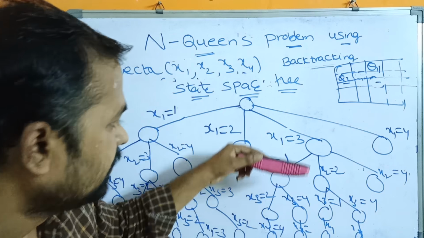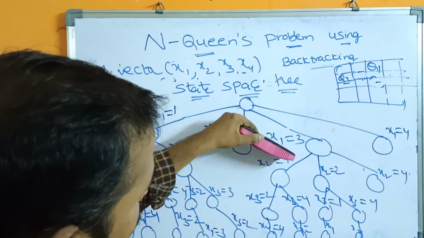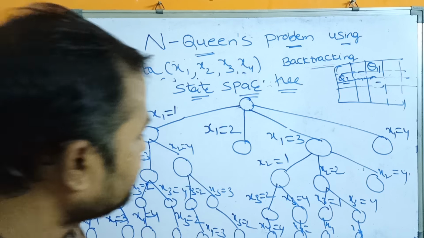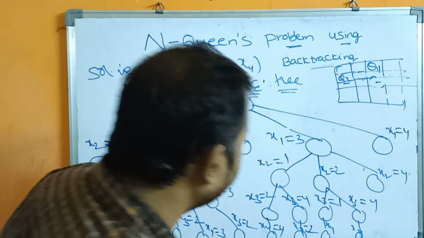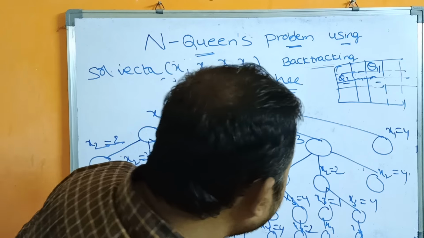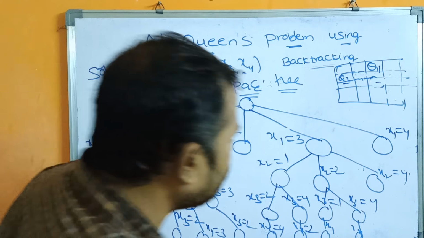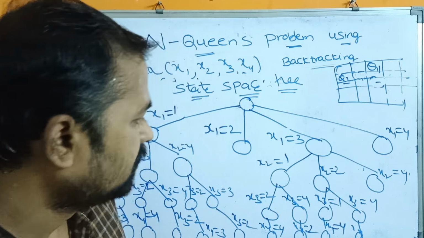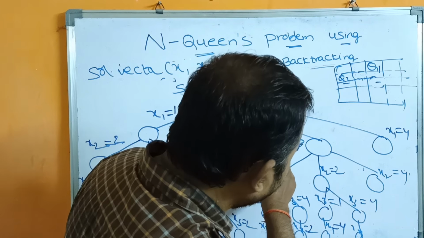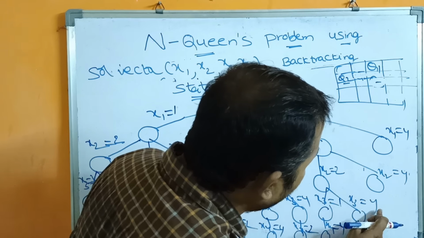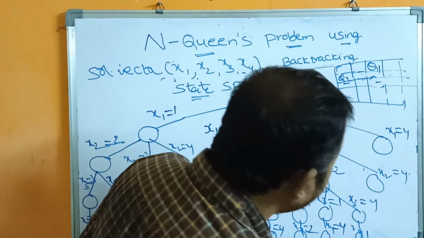So 4. Next, 3 1 4 is over, so 2. Next, if you consider this one, 3 2 1 is over, so 4. Next, if you observe here, 3 2 4 is over. So the next one is 1.